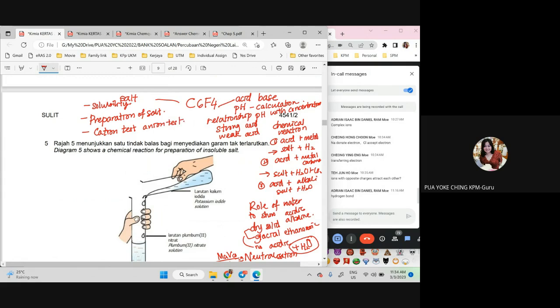Okay, so salt kalau nak tengok dia punya subtopik lebih kecil, but dia lebih banyak kena menghafal lah. Okay, kita tengok soalan 5 ni.